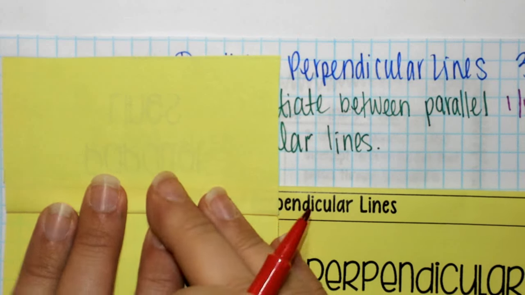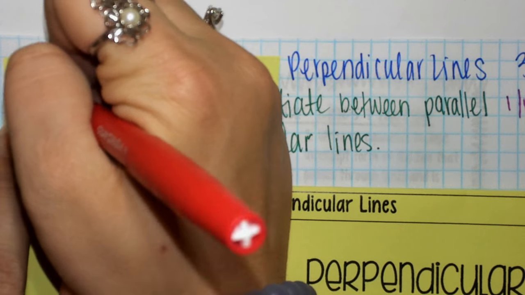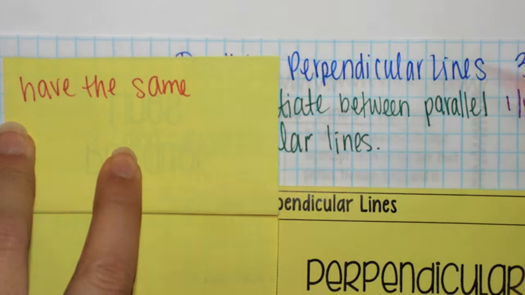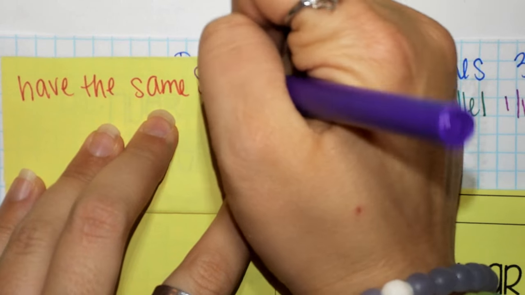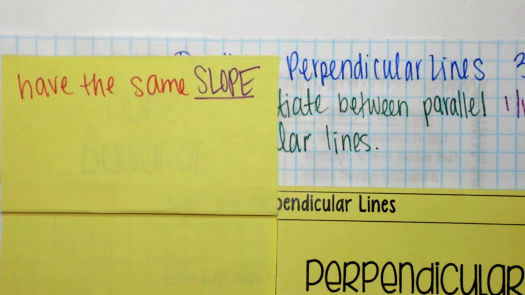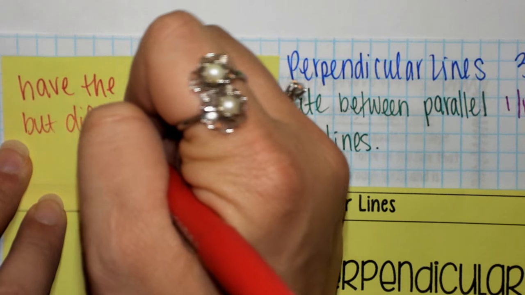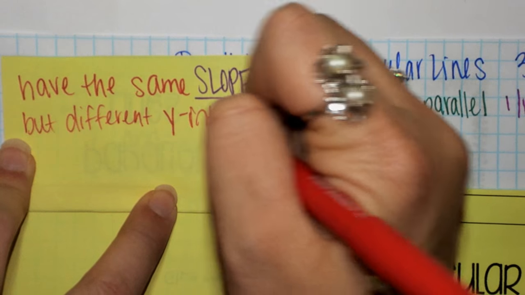Yes. Alright, so parallel lines have the same what? Slope. Slope. But different y-intercepts.